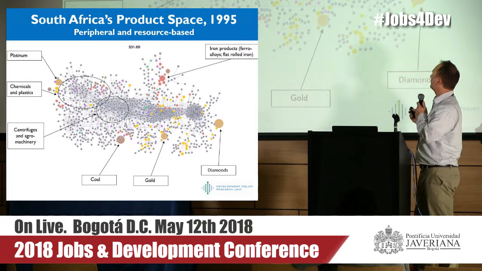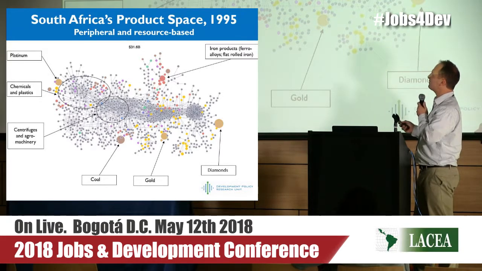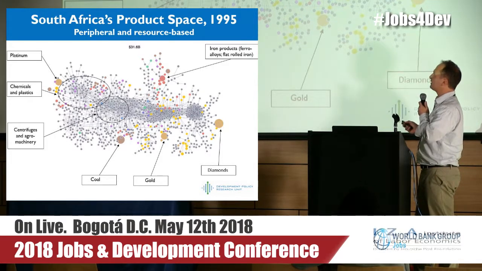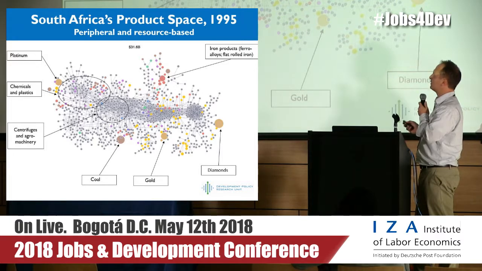Those are the big exports in 1995. There is a bit of evidence of chemicals, and a little bit of centrifuges and other agricultural machinery. So there is some evidence of machinery in 1995, but it's really small.